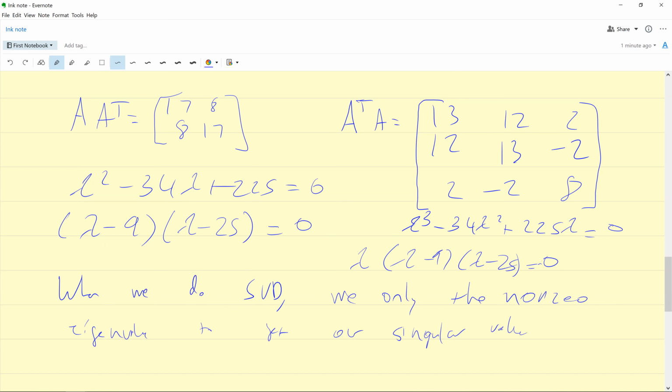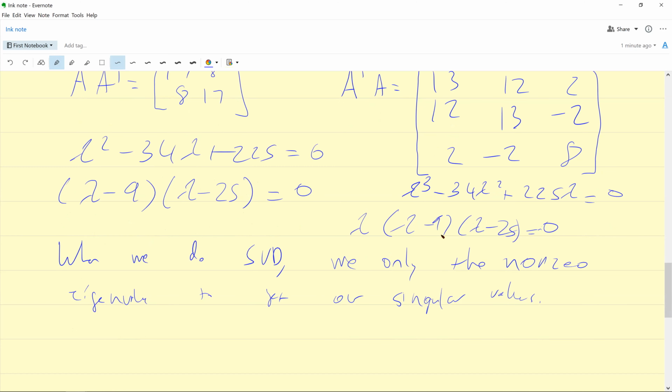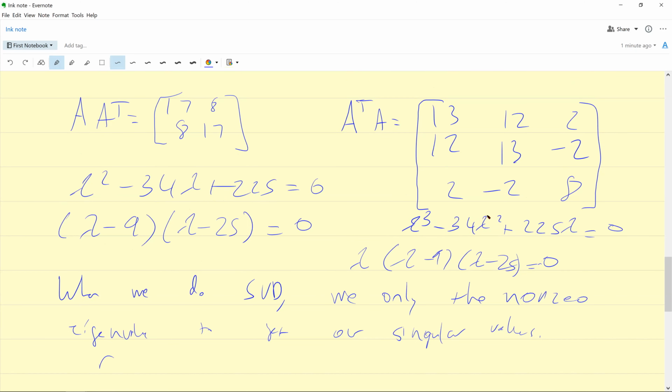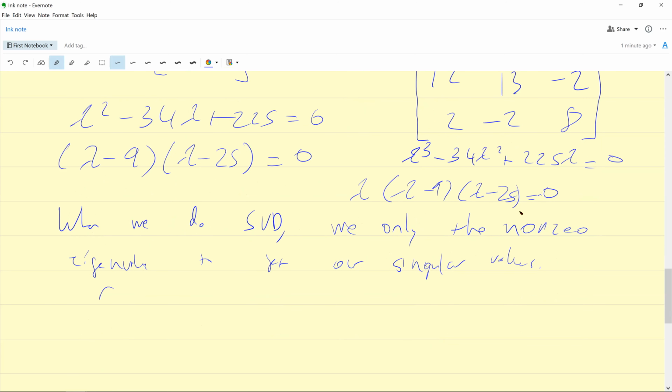I think what's happening is we need r, where r is the rank of A, and that's exactly how many of these eigenvalues are non-zero. Because here A is rank 2, A transpose A will only have 2 non-zero eigenvalues. This extra eigenvalue that's 0, we can just ignore for the purposes of SVD. Does that make sense?